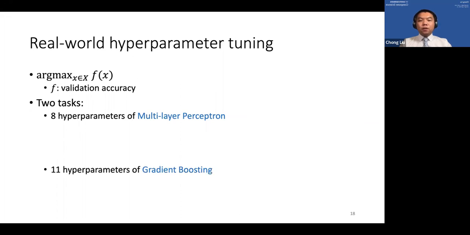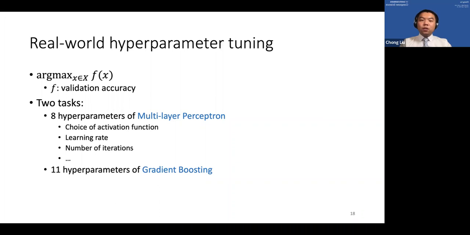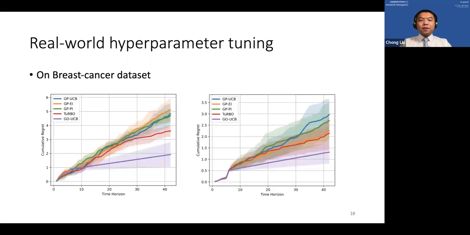And another task is that I play with the gradient boosting, which includes 11 hyperparameters. And here in the first task, here is the example. What are the hyperparameters? It includes your choice of the activation function. It includes your choice of the learning rate and your choice of the different number of the iterations.